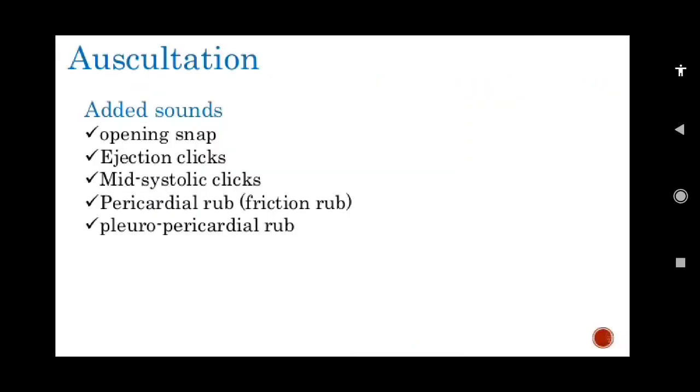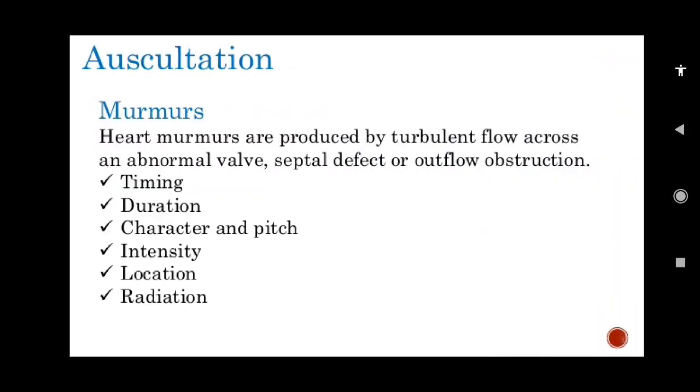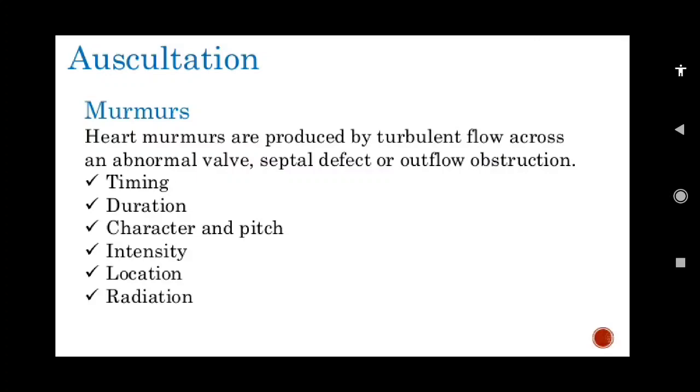Added sounds in auscultation are opening snap, ejection clicks, mid-systolic clicks, pericardial rub, and pleuropericardial rubs. Murmurs are produced by turbulent flow across an abnormal valve, septal defect or outflow obstruction. And you have to know timing, duration, character, intensity, location and radiation of murmurs.